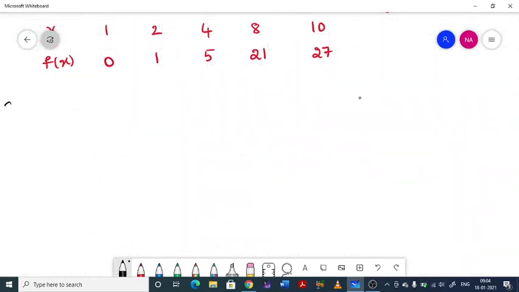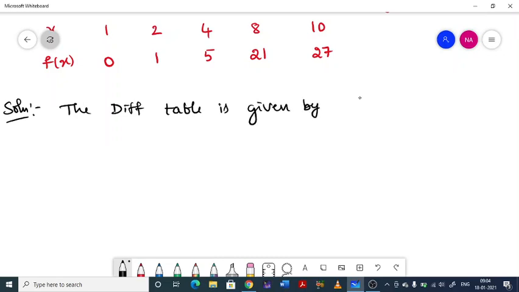Solution. Here the values of x are not equidistant, so I have to apply Newton's divided difference formula. So the difference table is given by x, f of x. The values of x are 1, 2, 4, 8, 10, and the values of y are 0, 1, 5, 21, 27.